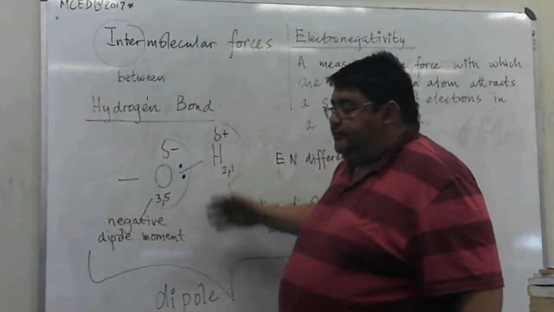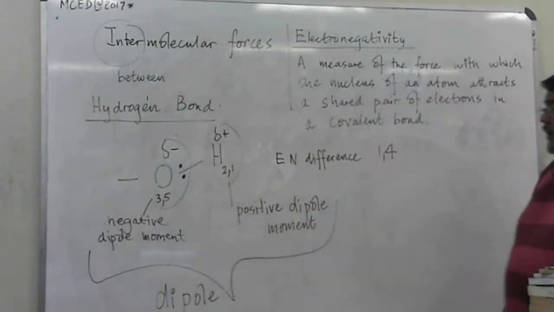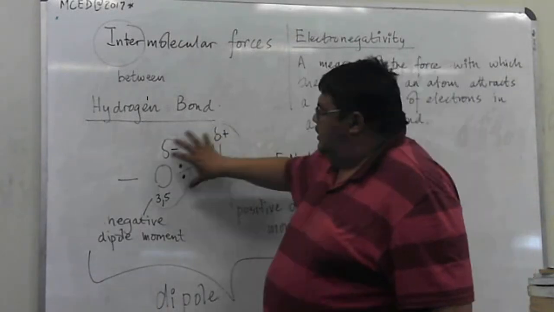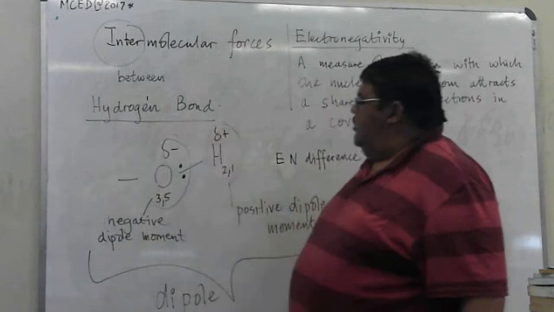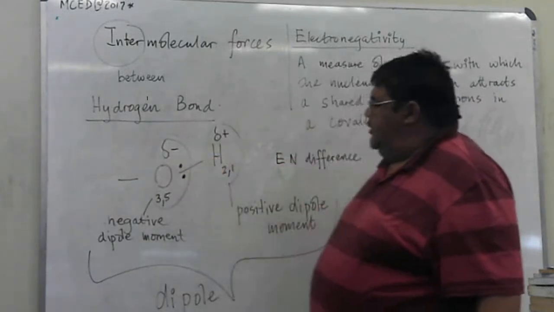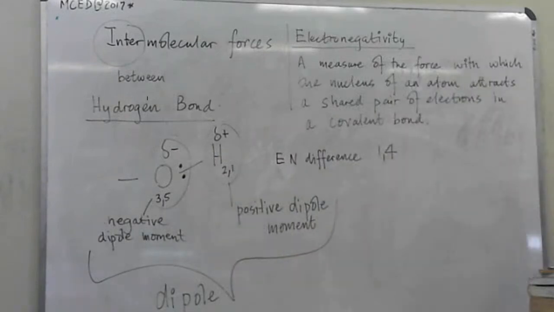Electronegativity was important in us understanding what a positive dipole moment and a negative dipole moment are. Right. I'll give you some time to write that down, and then I'm going to use that knowledge.